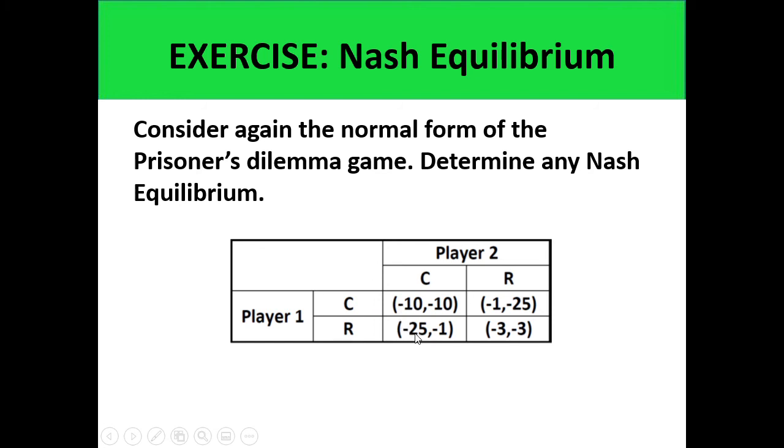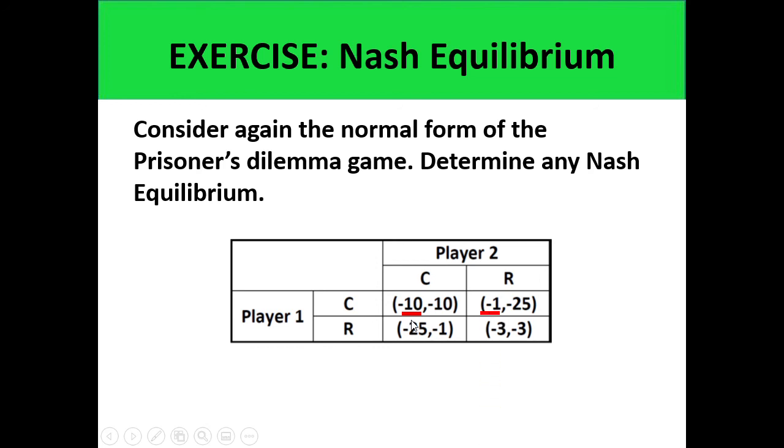Between these two, the better response is negative 10. So we underline negative 10. Now suppose that the column player already made the decision of remaining silent. Then as the row player, we will get either negative 1 or negative 3. The better response is negative 1. So we will underline negative 1.